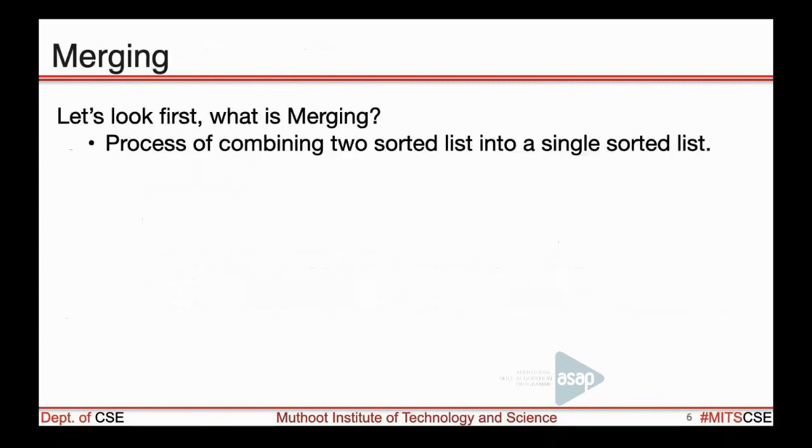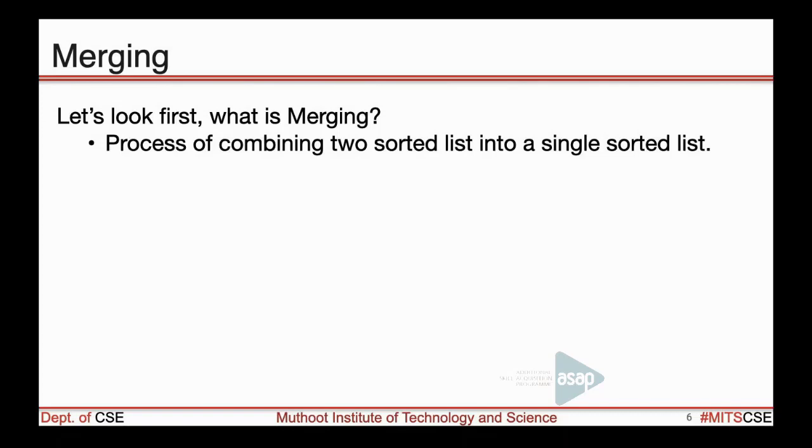So now we can see some of the algorithms or some basic problems which can be solved using the concept of divide and conquer. Okay, first one is merge sorting. So before going to merge sort, let's start with a basic idea. What is merging? So merging is the process of combining two sorted lists or arrays or linked lists, anything.